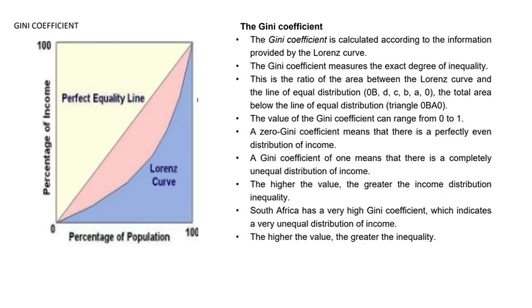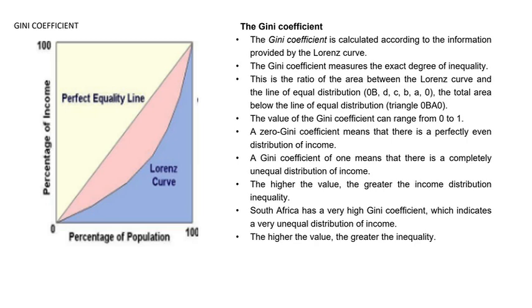Right, the Gini coefficient. The Gini coefficient is calculated according to the information provided by the Lorenz curve. The Gini coefficient measures the exact degree of income inequality. This is the ratio of the area between the Lorenz curve and the line of equal distribution, or the line of equality.